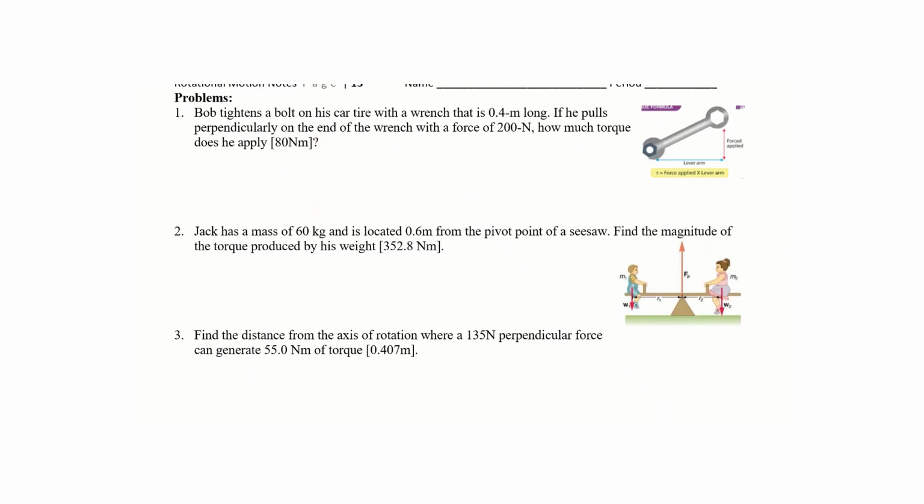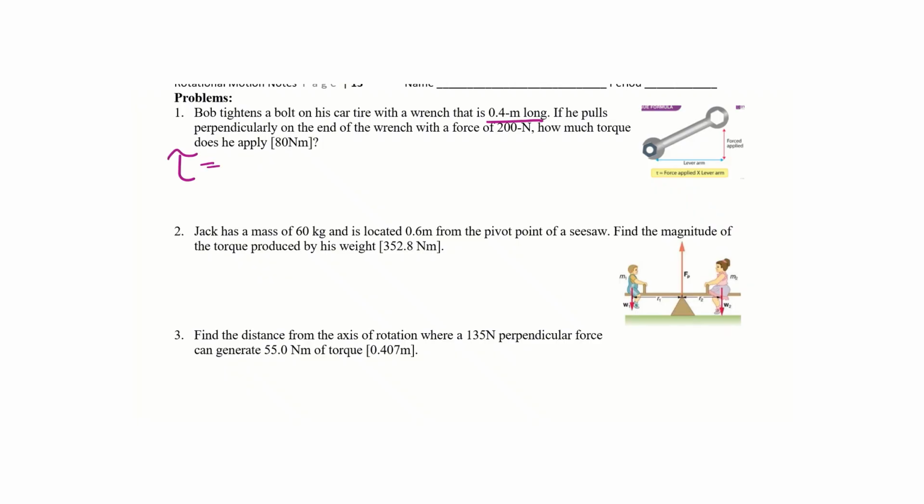On the next page, we have some practice problems where we're going to use torque. For example, in problem 1, Bob tightens a bolt on his car tire with a wrench that is 0.4 meters long. If he pulls perpendicularly on the end of the wrench with a force of 200 newtons, how much torque does he apply?